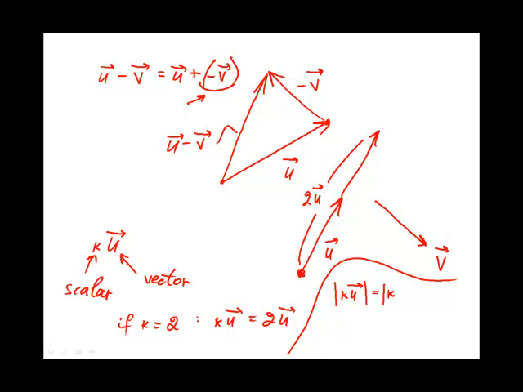This is modulus of k times modulus of u, or the length of u. The modulus of k is a number. So this line simply says that the length of the vector ku is equal to the length of the vector u times the absolute value of this number k. Simple.